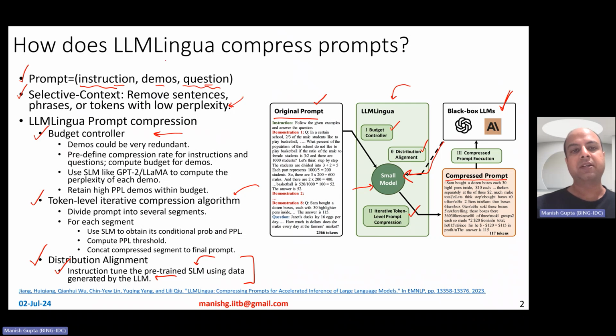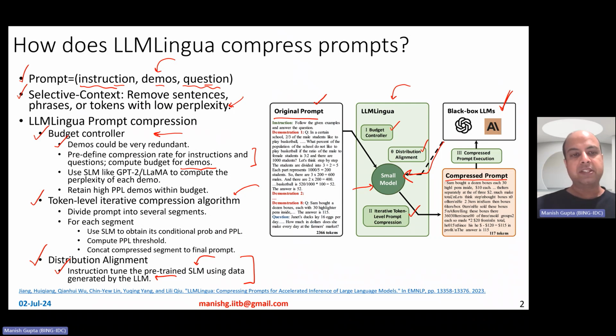The question is super important. There could be too many demonstration examples, and you may want to get rid of a few of those redundant ones. So the way you would do this is to predefine the compression rate for instructions and questions. You would say that, hey, for instructions and questions, this is the rate, and I'm not going to compress more than that. And that tells you the overall budget for demonstration examples, that, hey, these are the number of tokens that I have for demonstration examples.